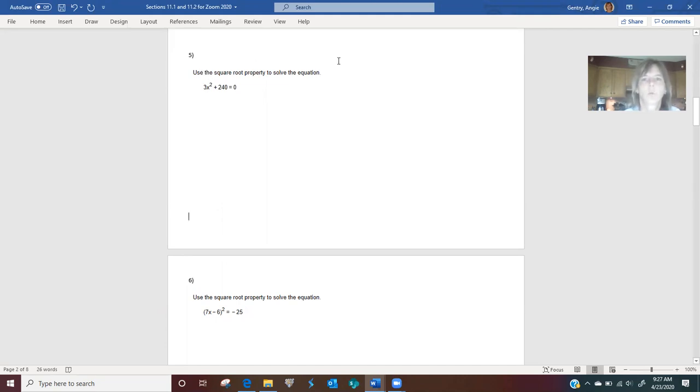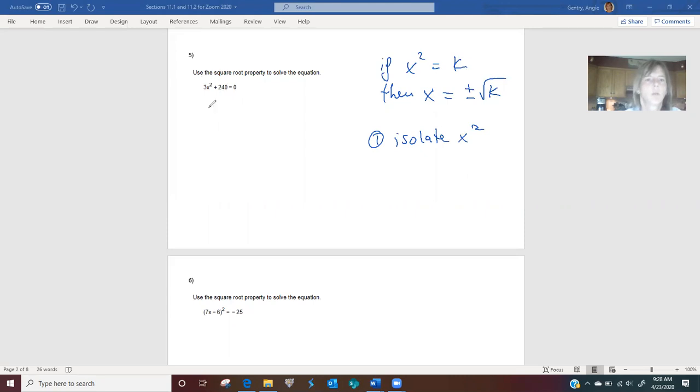So the square root property is: if something squared equals k, then that something is plus or minus the square root of k. So first you need to isolate the x squared, or something squared.